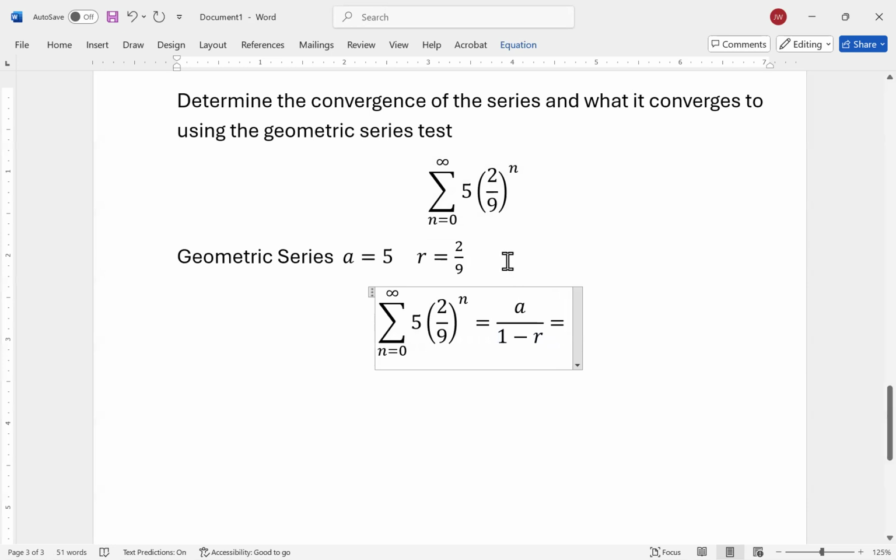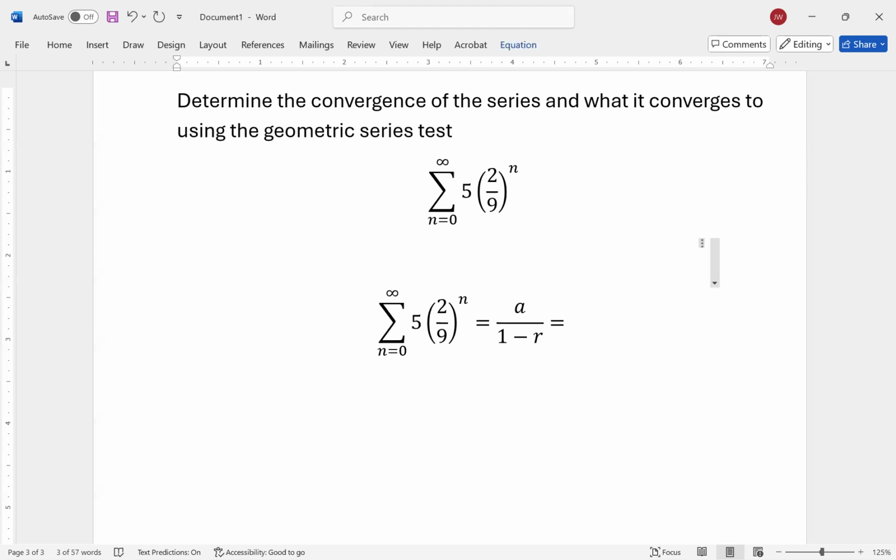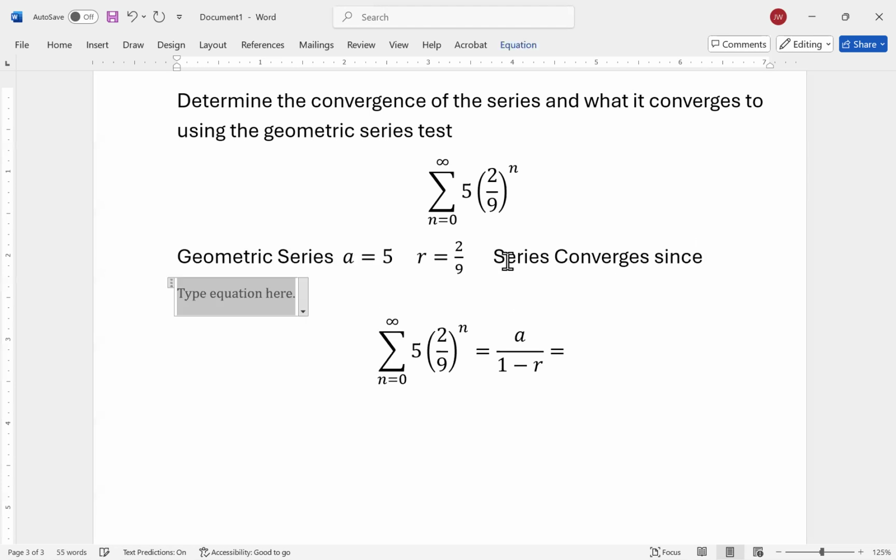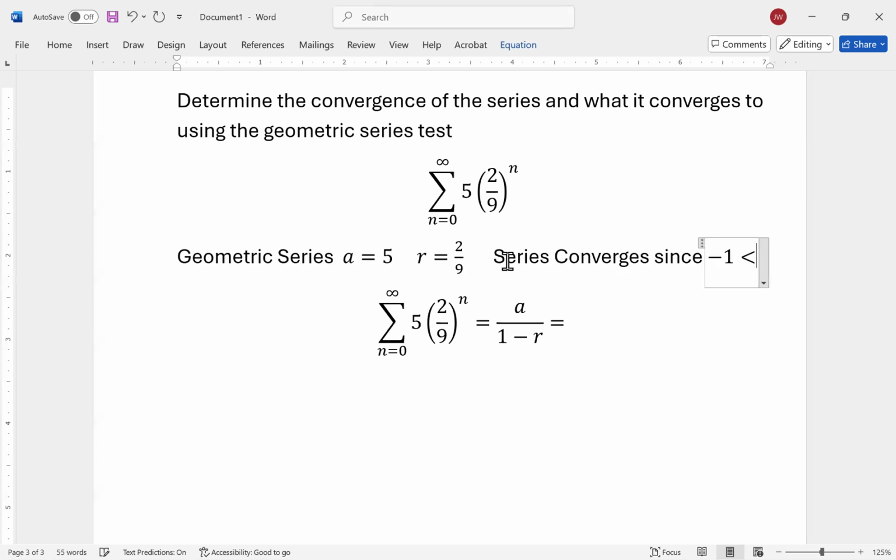Again, that's because this r is between -1 and 1.